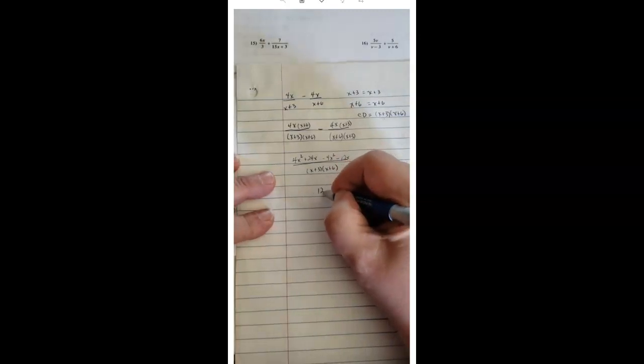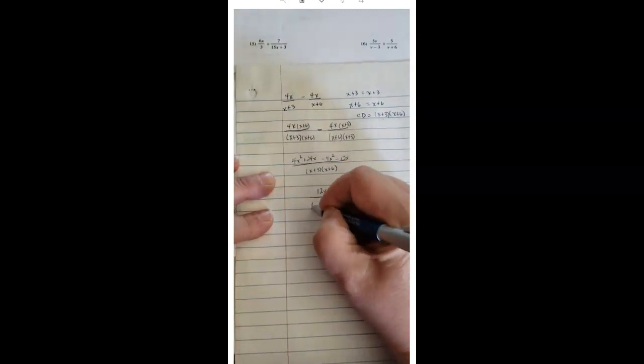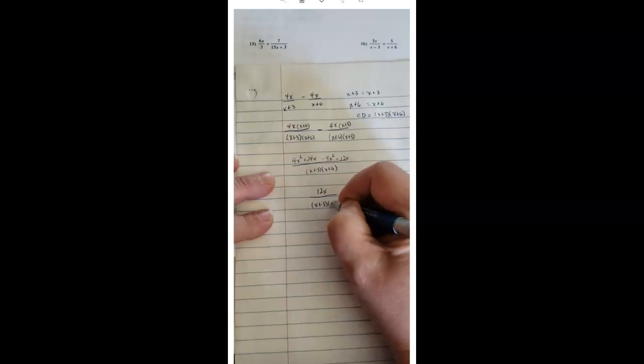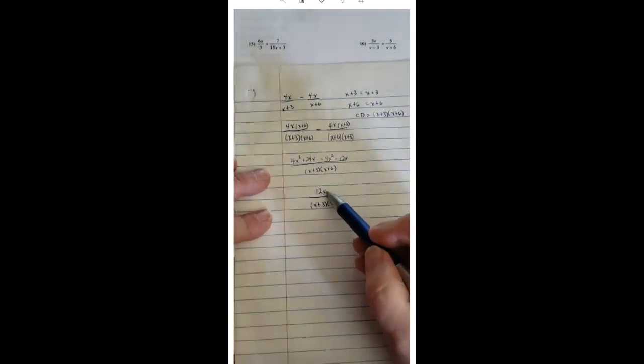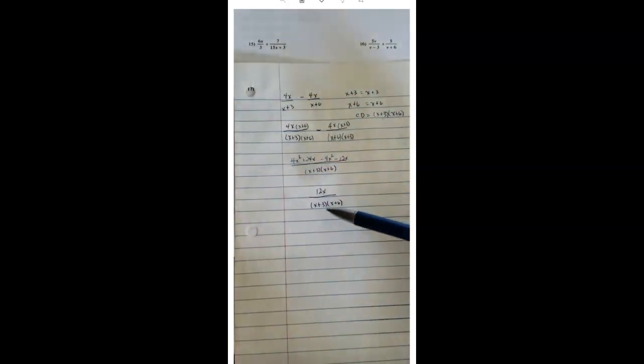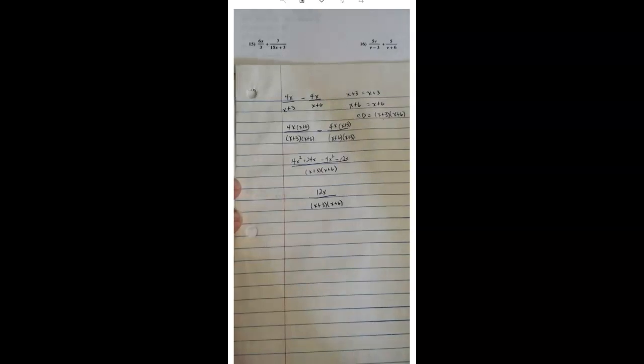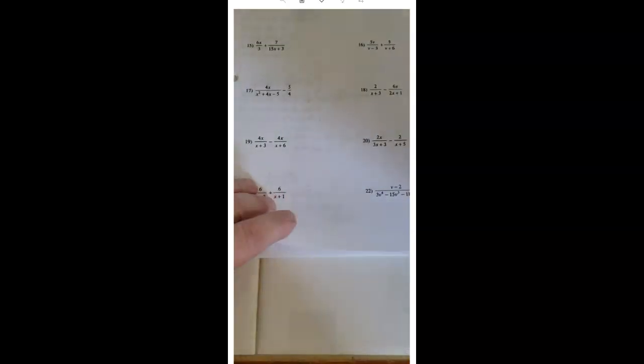I'm left with just 12x over x plus 3 and x plus 6. Now, can I mark this x out with that x? No, I can't. This one has an add or subtract sign. This one does not. So I cannot touch that x without touching that 3. So I'm done.